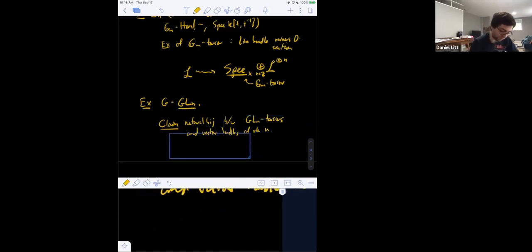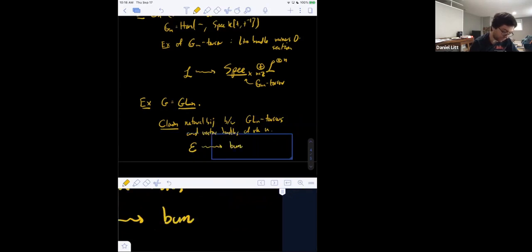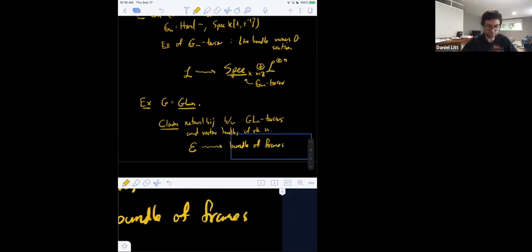So what it is: to E, you associate the bundle of frames, is what it's called. The fiber over a point is the set of bases for the fiber of E over that point.